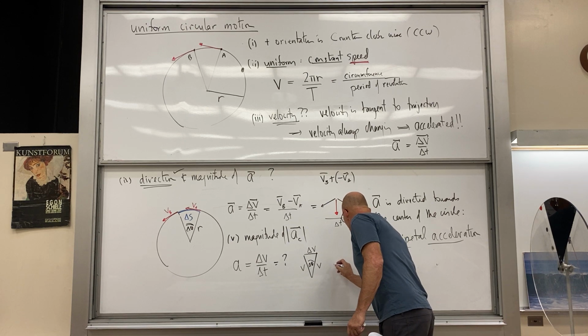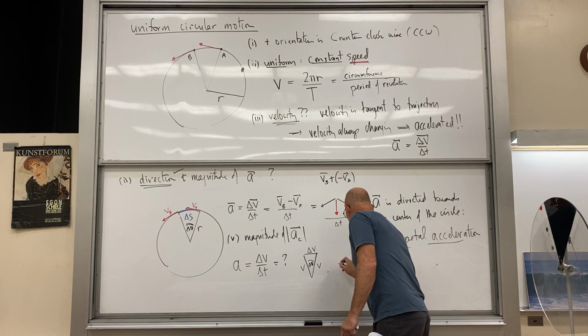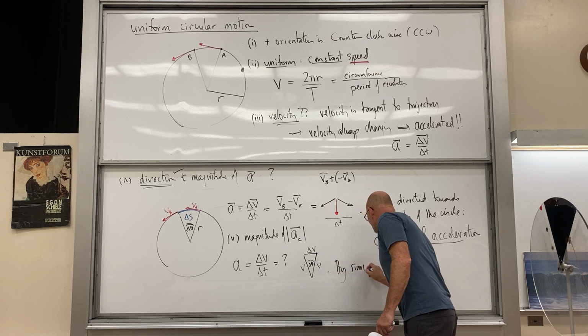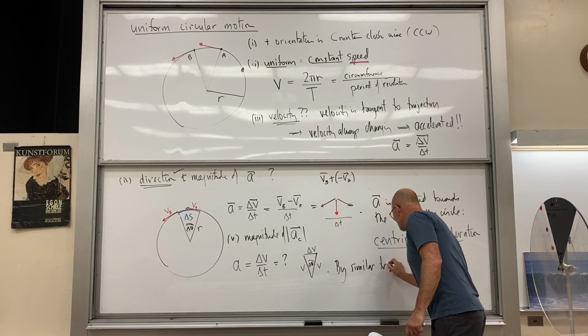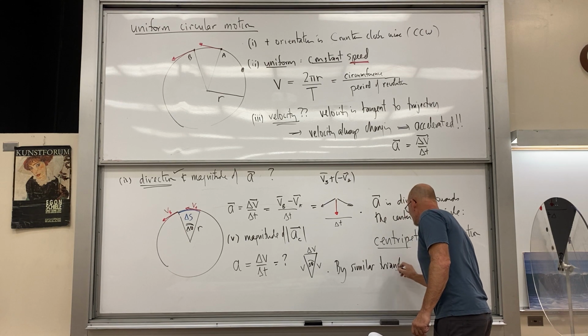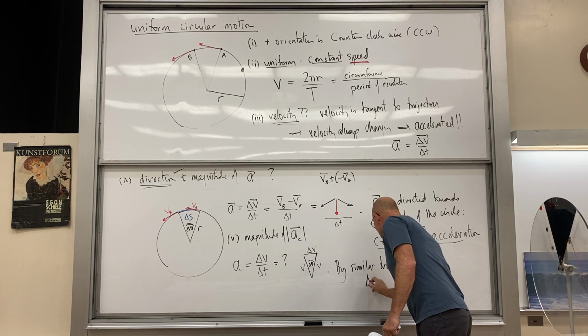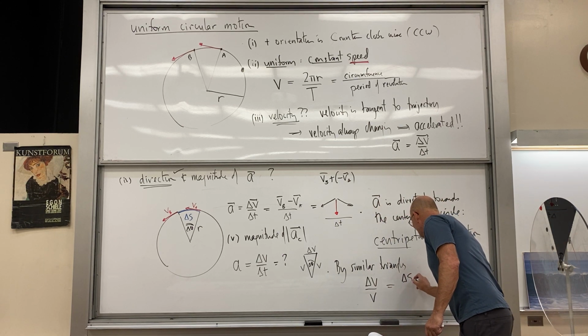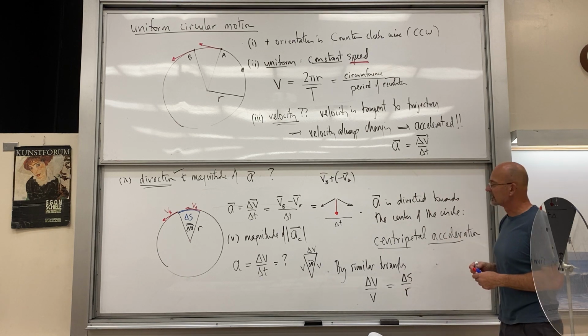So for this construction, we have, by similar triangles, now it's not all going to fit on this board, but that's okay. By similar triangles, delta V is to V as delta S is to R, okay?